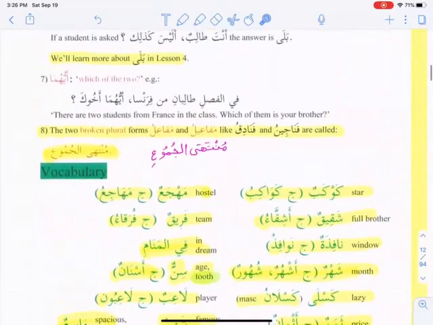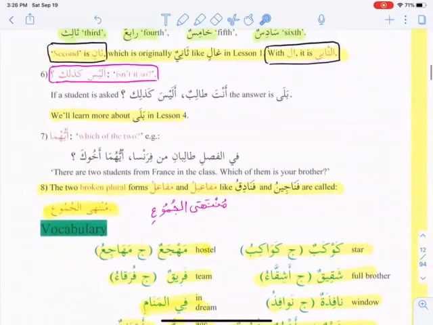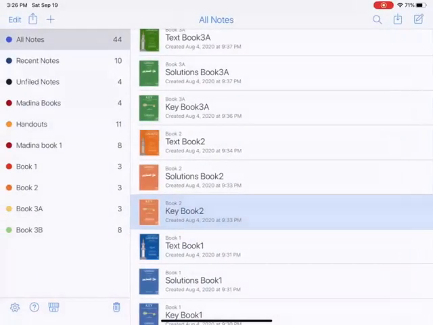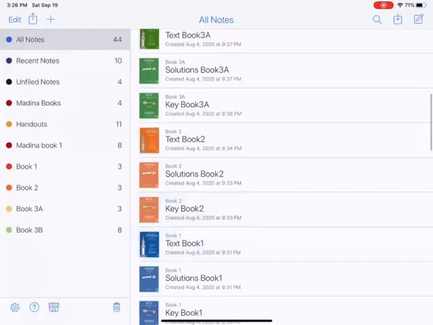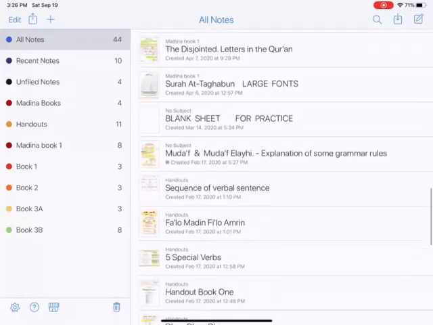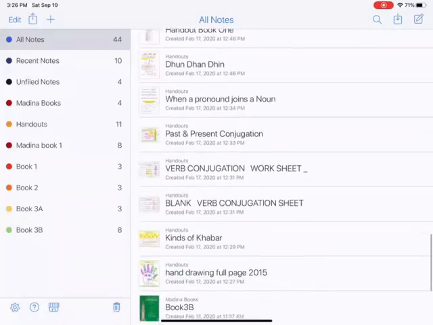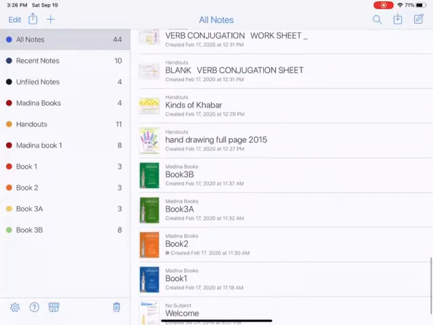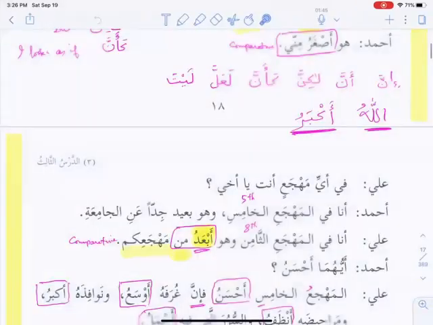Okay, this we are doing here. What were we doing? We were doing the key. Now we go back to the dars, my brothers.